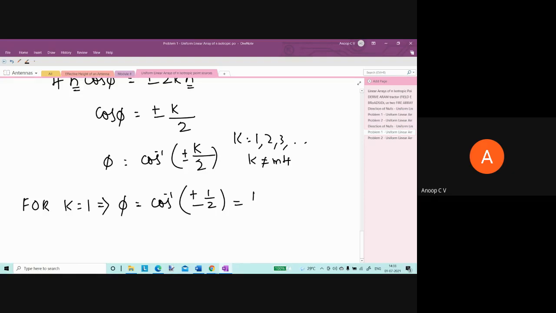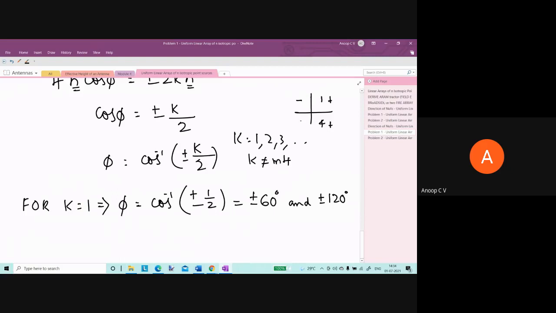It will be plus or minus 60 and plus or minus 120 degrees, right? We have already done this so many times. Cos inverse of 0.5 will be plus or minus 60. In the first and fourth quadrant, cos will be actually what? Plus.